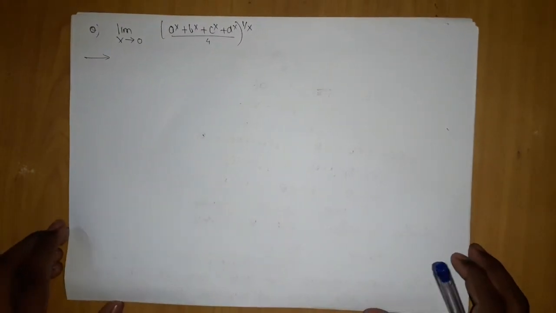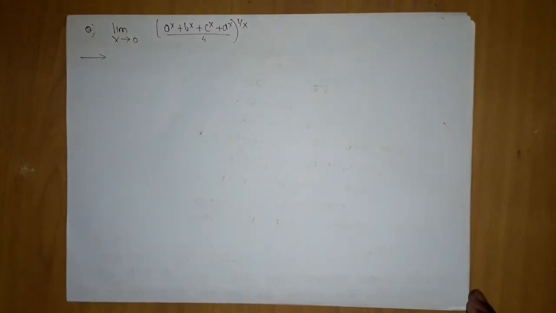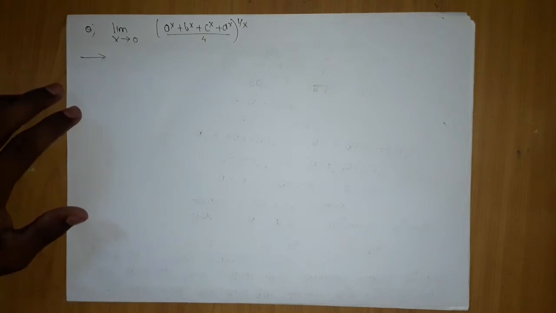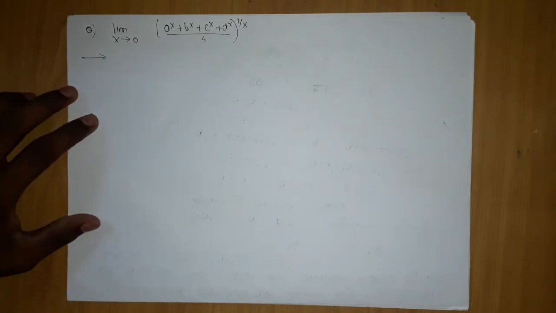So the first problem which we are going to come across is this one, which says limit x tends to 0, (a^x + b^x + c^x + d^x)/4, the whole to the power 1 by x.